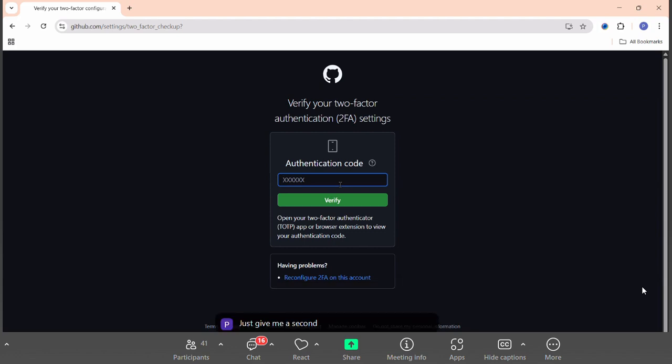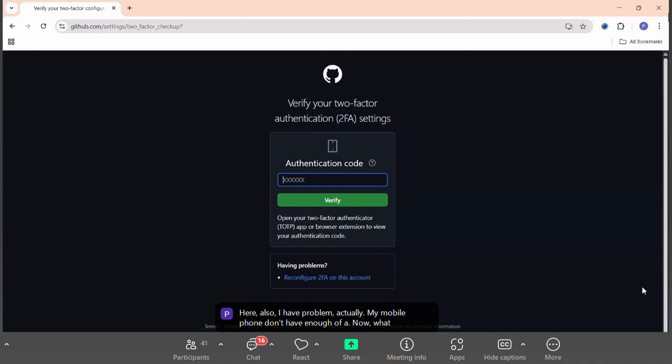I need to authenticate. This was unexpected. Here also I have a problem, my mobile phone doesn't have enough space.